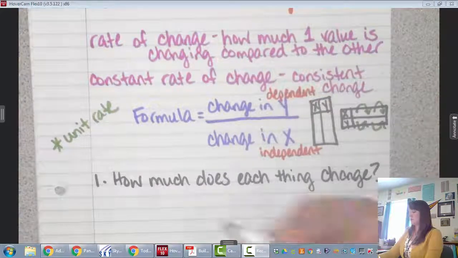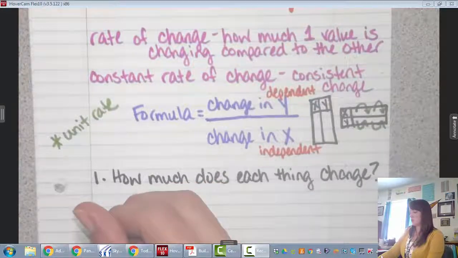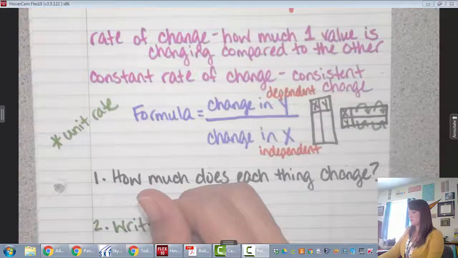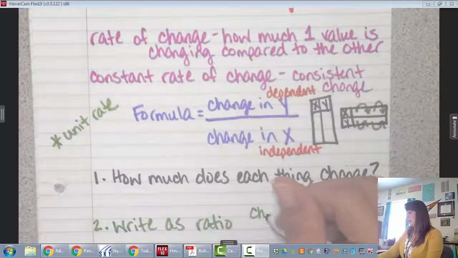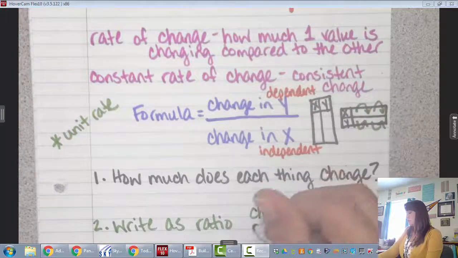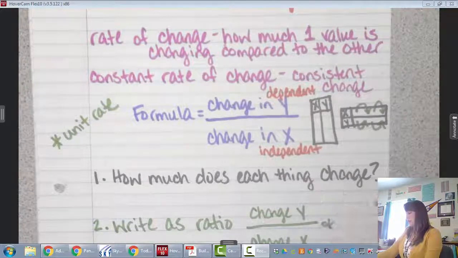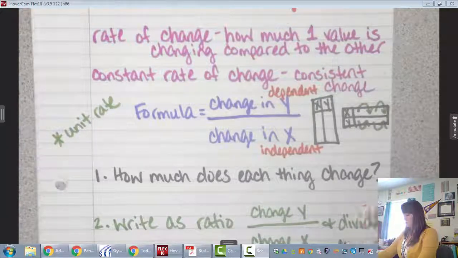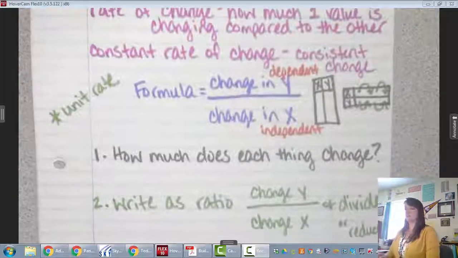Did it go up 20? And then step 2, you're going to write it as a ratio. Change in Y over change in X, and divide or reduce.